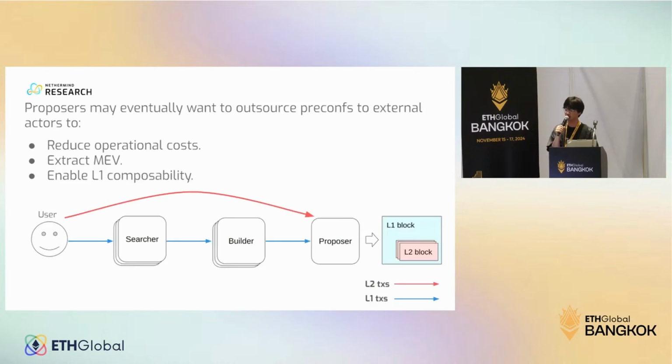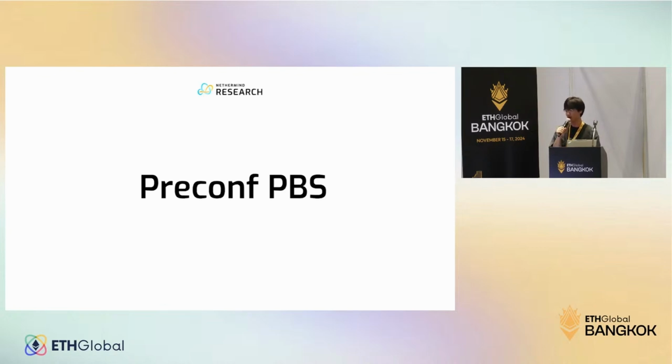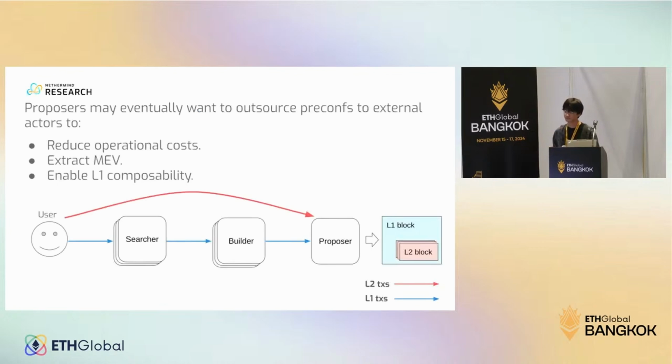And one thing is what I call pre-confirmation PBS. What we looked at, the POC implementation and what we explained so far, is this setup: the user submits the transaction directly to the proposer, and the proposer locally builds the L2 blocks and pre-confirms them. But the proposer may eventually want to outsource the pre-confirmation duty to an external party.